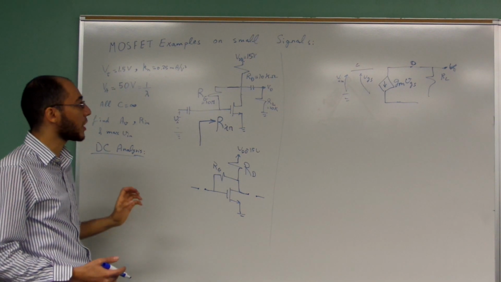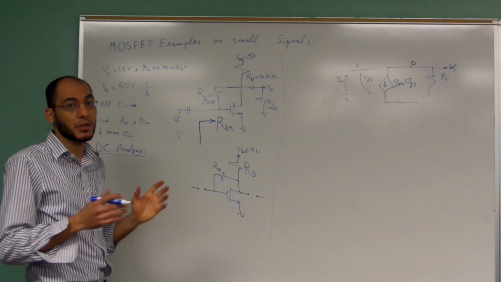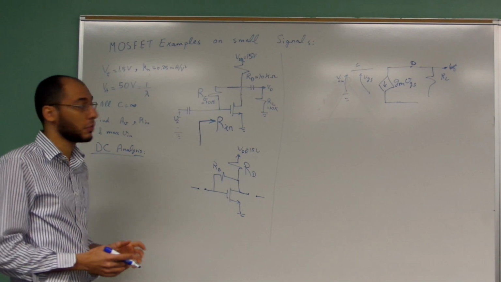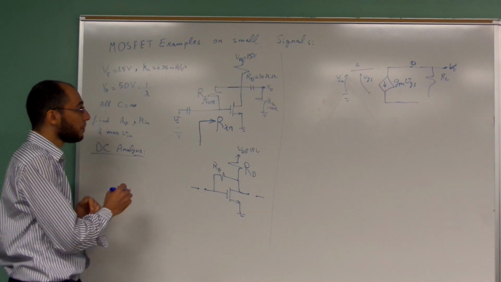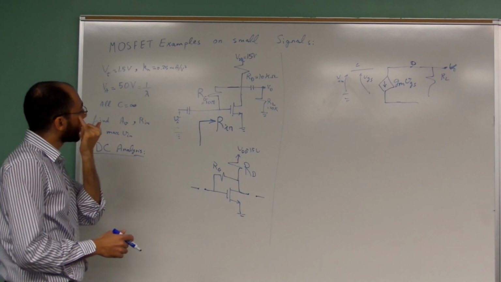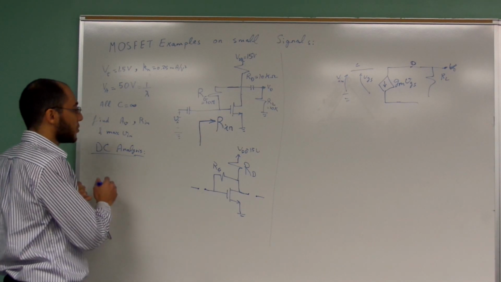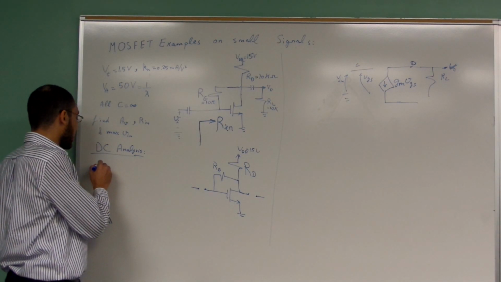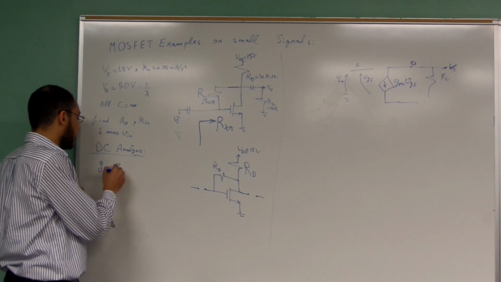So that's why we want to calculate the operating point, which, in other words, means we want to calculate the value of GM. Okay? Mainly it's the GM, however, there might be some other stuff as well, as we are going to see. But in all of the problems, you need to calculate the value of GM.